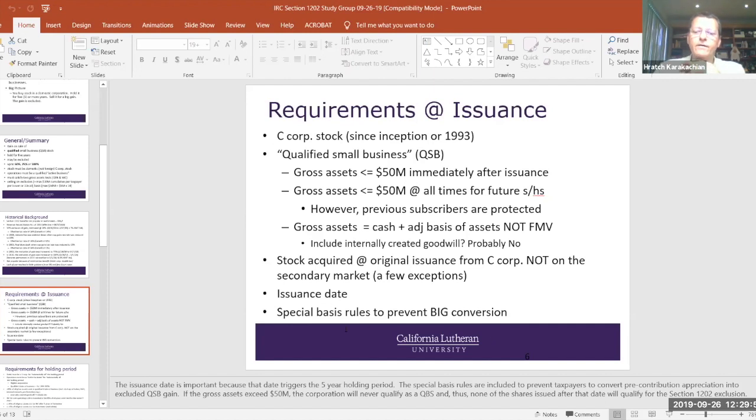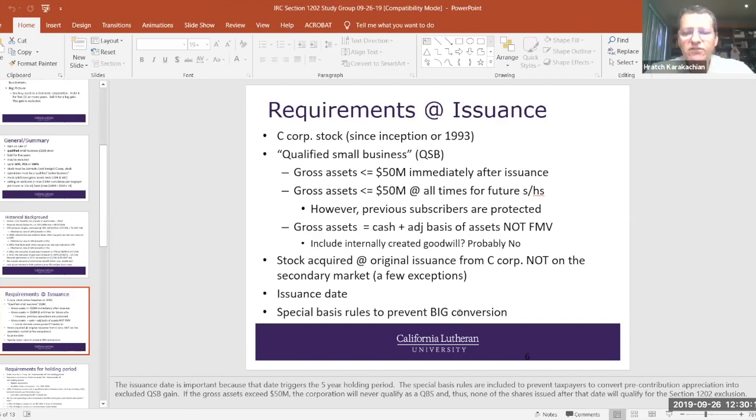Not for the, if you look at the last bullet point, special basis rules to prevent big conversion. Well, the question will be how big it is. It would qualify because for the shareholder, there's an anti-abuse rule built in, which is the following.